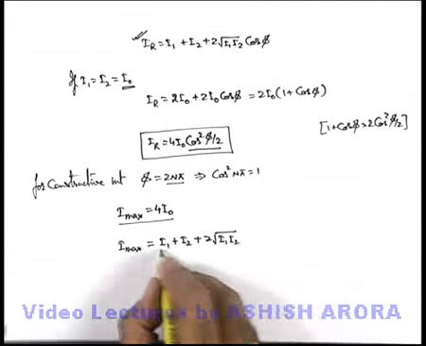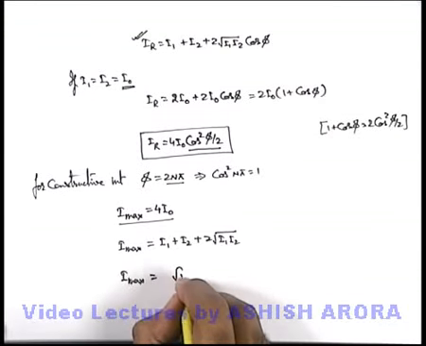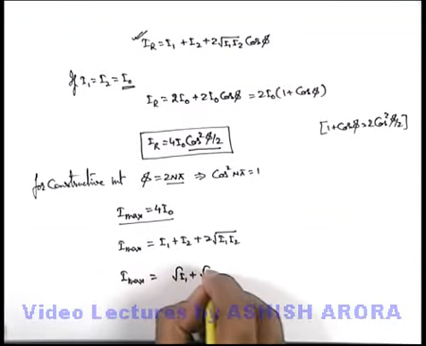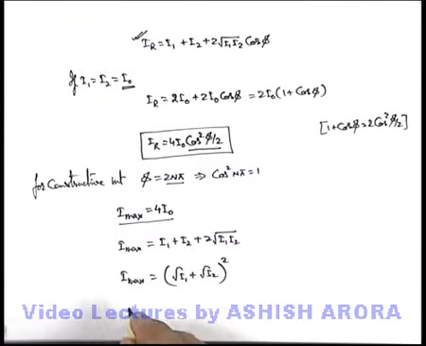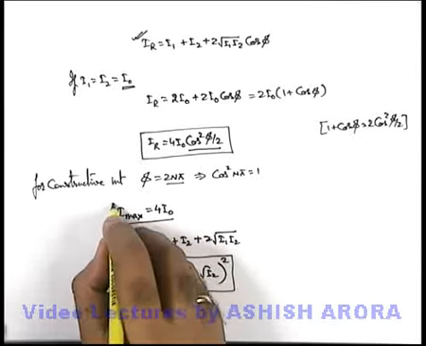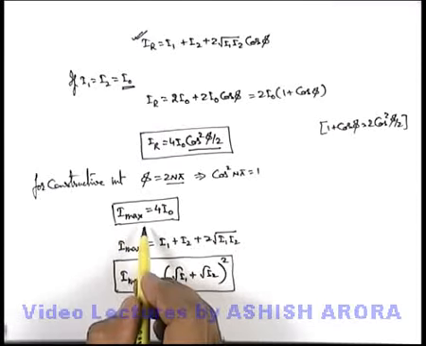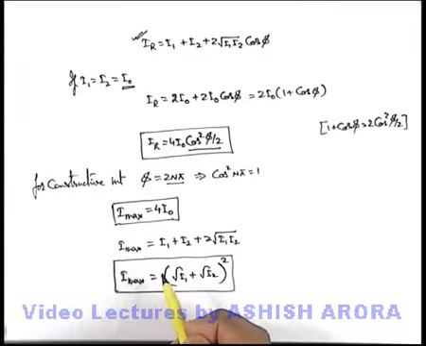So this expression can be written as (root I1 + root I2) whole square. This is the expression for maximum intensity if the waves are of unequal intensity, and if waves are of equal intensity at the point of constructive interference, the maximum intensity will be 4I0.